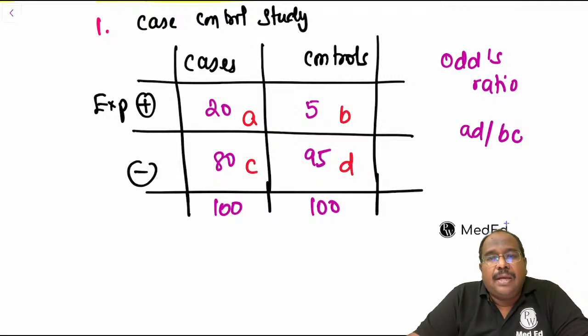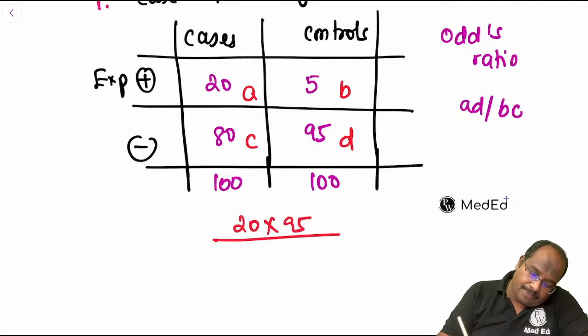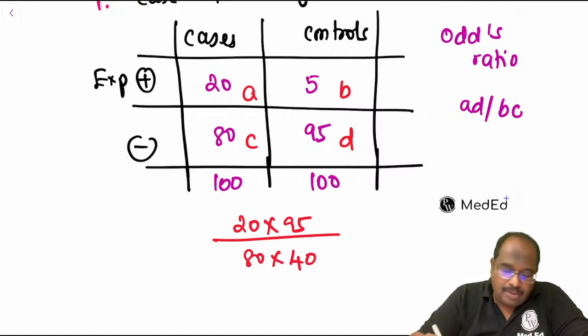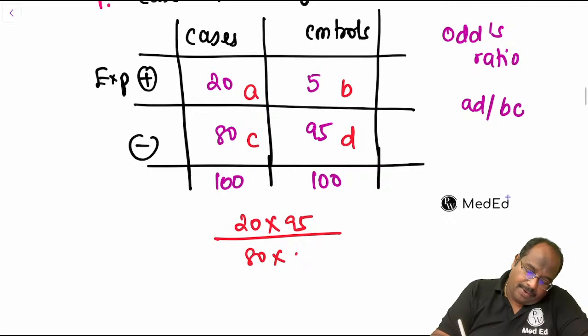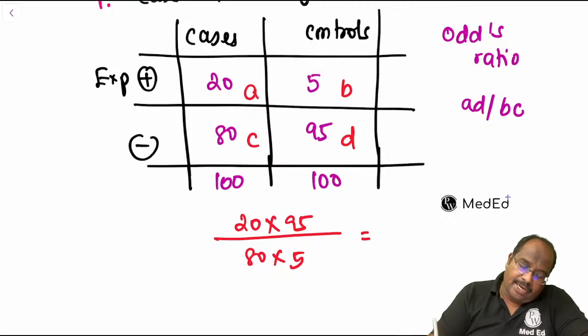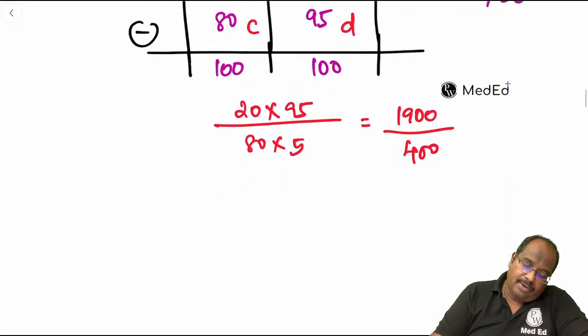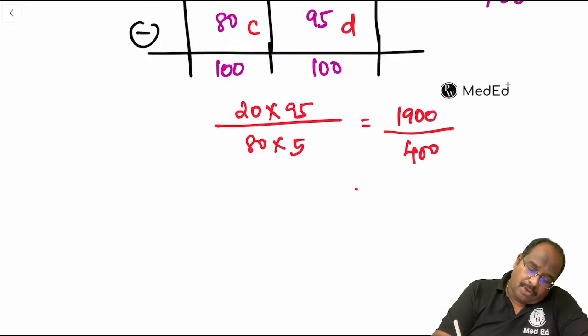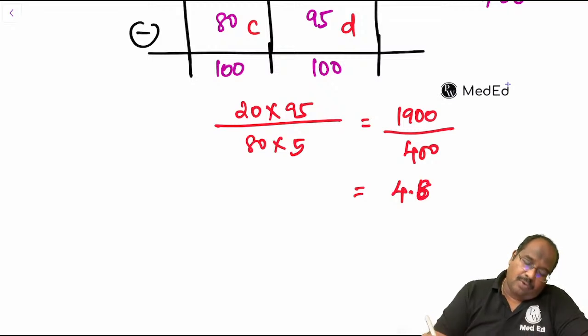So 20 multiplied by 95, 80 multiplied by 5. This is 1900 by 400. So approximately it's 4.6, or let us assume it's 4.8.